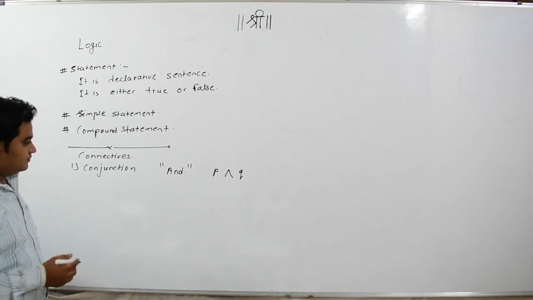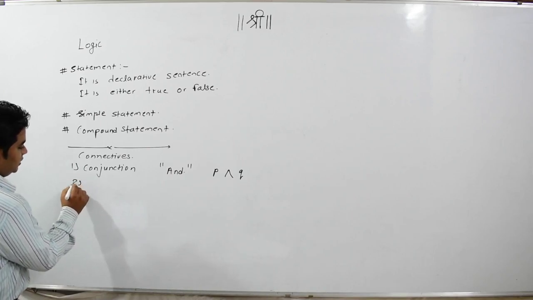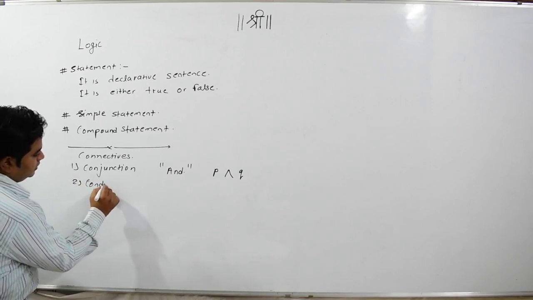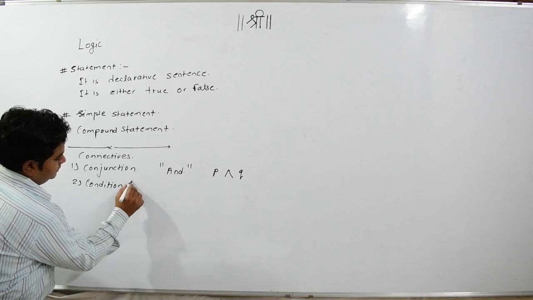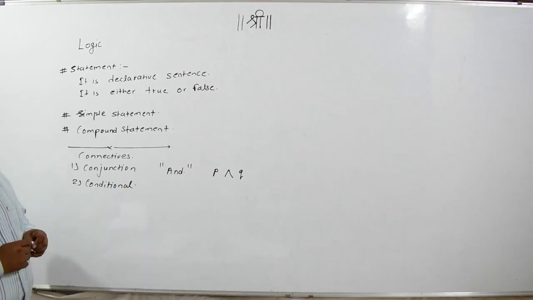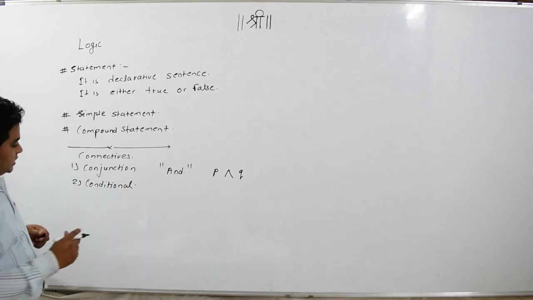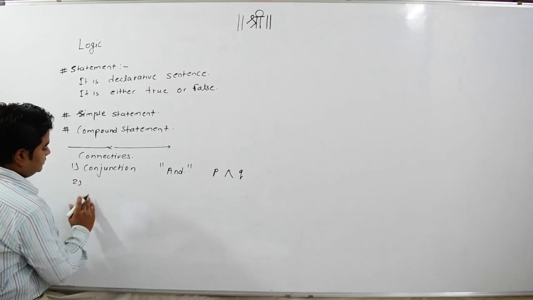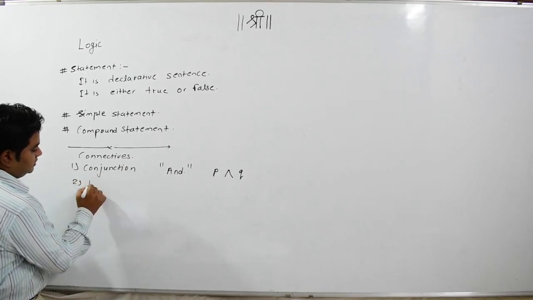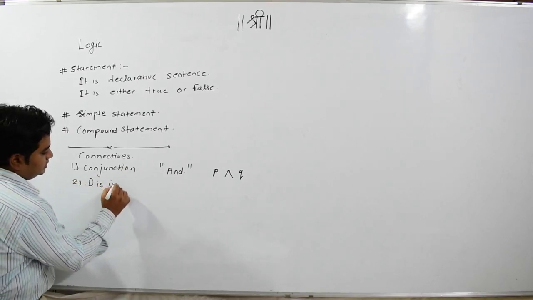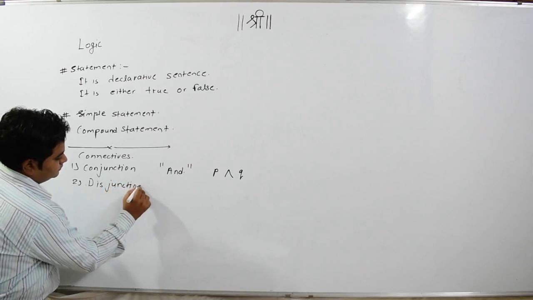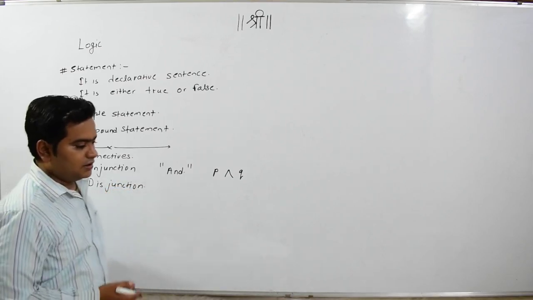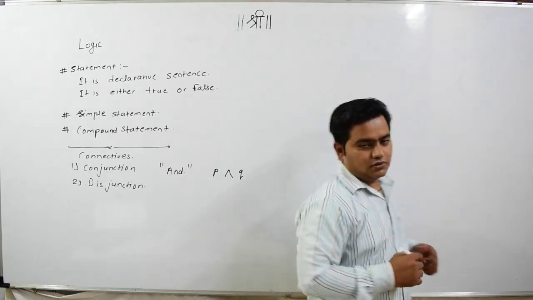Sorry, the next connective is disjunction. So this is conjunction, and the next one is disjunction. I was in a hurry, so let me slow down.